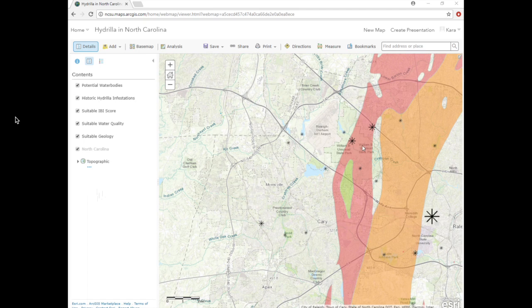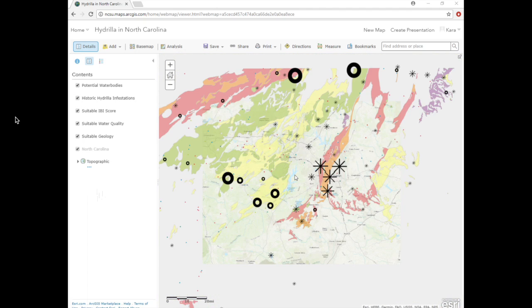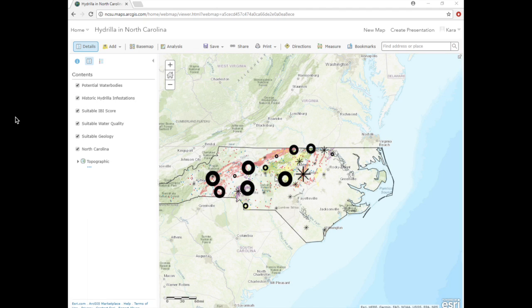You can zoom in and see more details. So you guys can play around with my web map, and maybe see where your favorite water body is and if it has had or could have Hydrilla in the future.